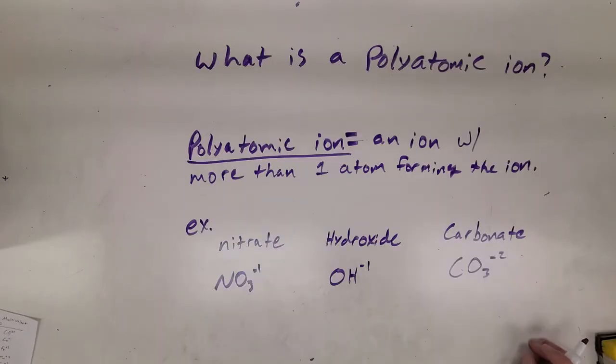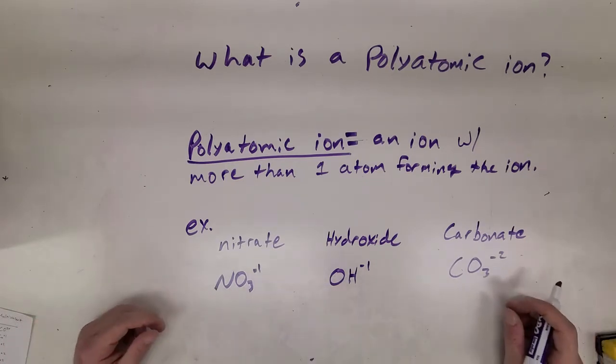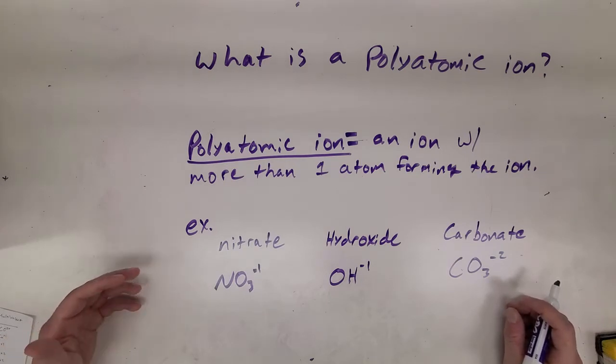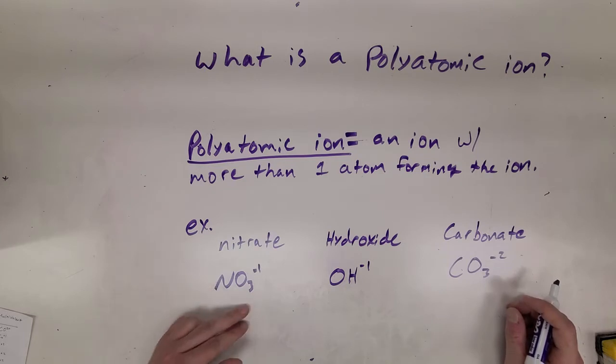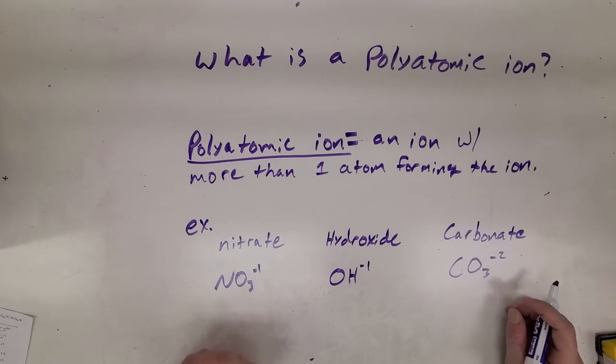Okay, what is a polyatomic ion? A polyatomic ion is just an ion with more than one atom bonded together to form that one ion. Some examples that are pretty common are nitrate, which has a combination of 1 nitrogen and 3 oxygen bonded together, making an ion that has a -1 charge. There is hydroxide, which typically forms in acid-base chemistry.